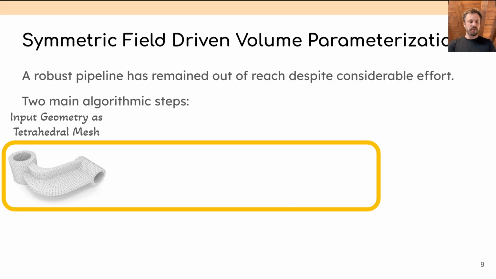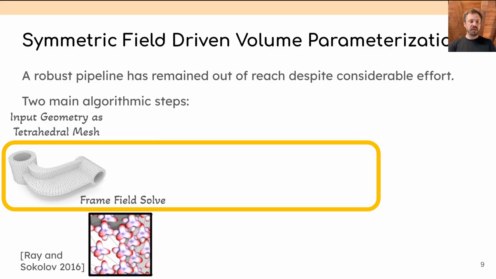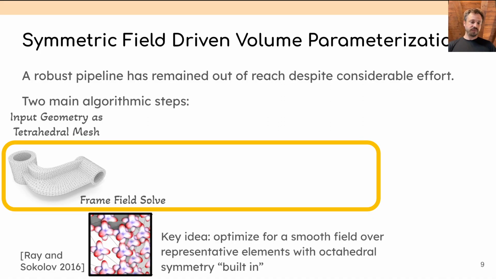A promising approach to computing this parametric map F is to break it up into two parts and use something called symmetric frame field design in order to compute the map. So how does this work? Starting with a tetrahedral mesh, we try to solve for a boundary aligned frame field, optimizing over these spherical harmonic coefficients on every tet.